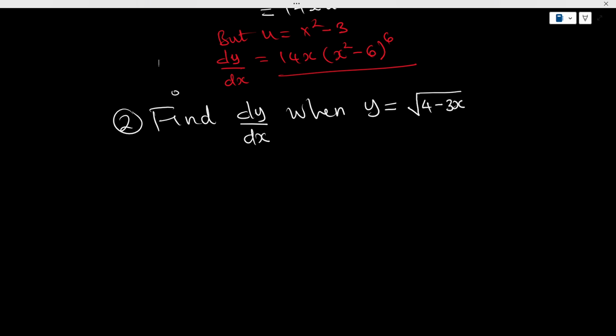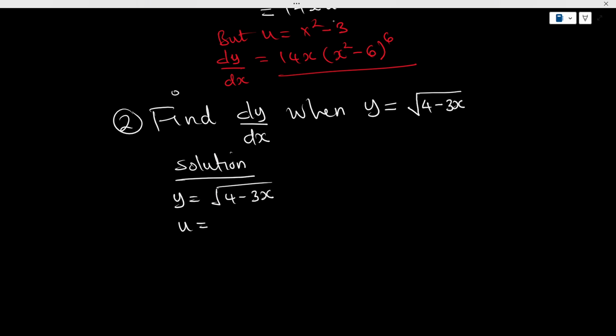So the trick here is to find what u is, write this function in terms of y equals u, and then find the derivative of each separate function. This is what I mean. Solution here: y equals the square root of 4 minus 3x.